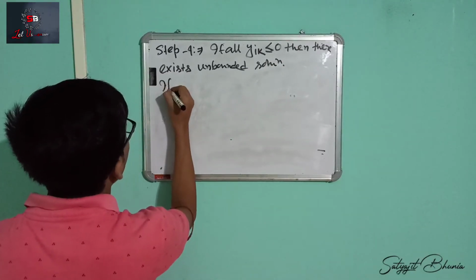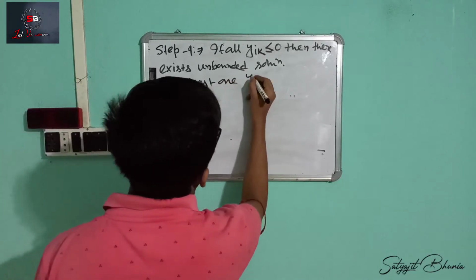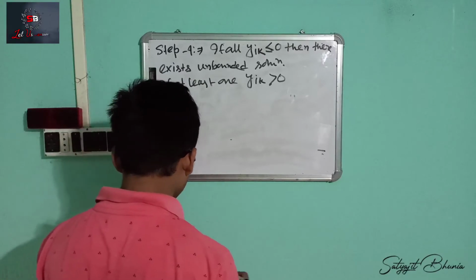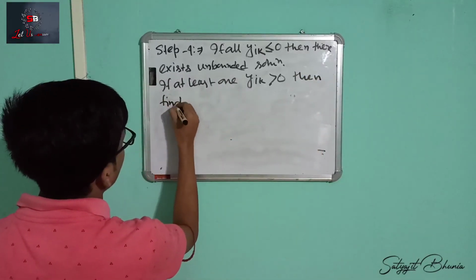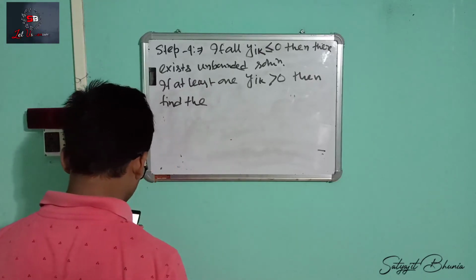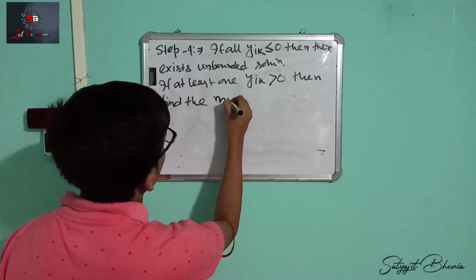If at least one yik is greater than 0, then find the minimum ratio.